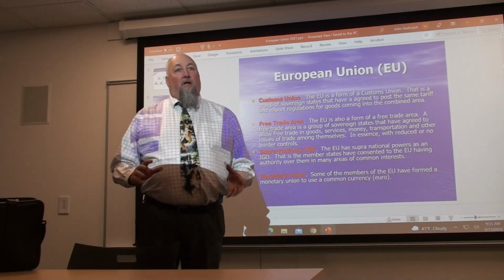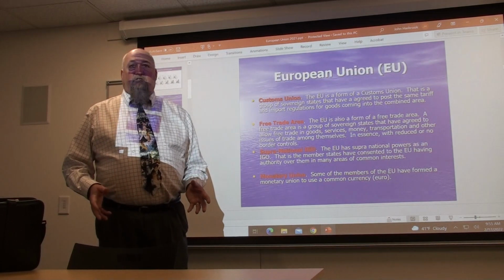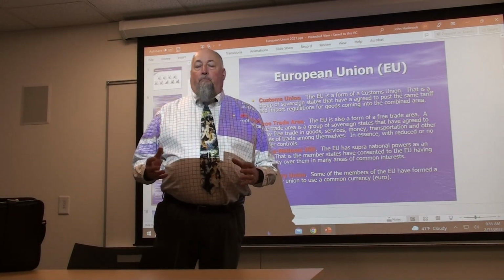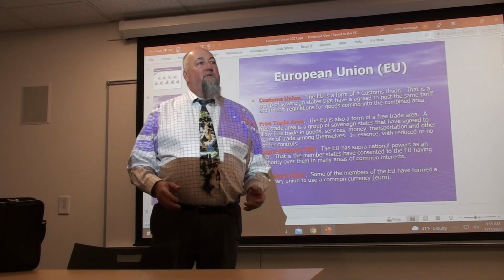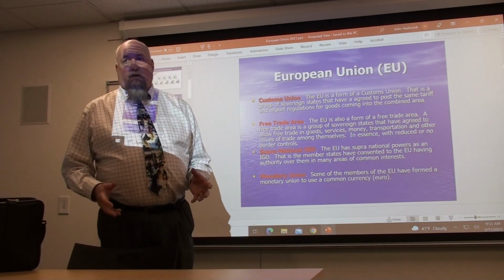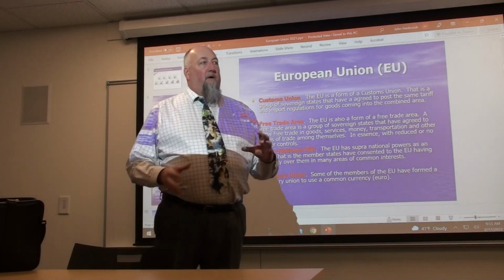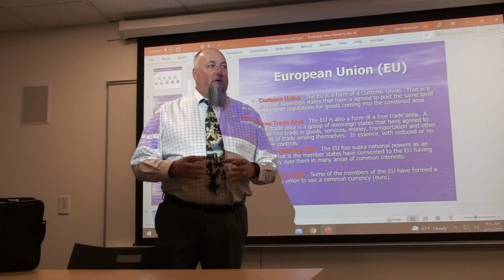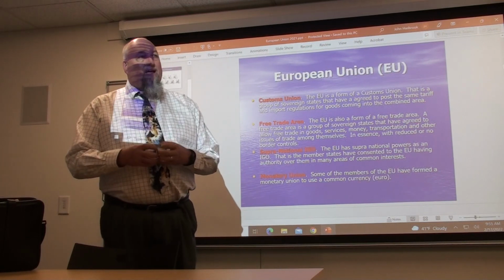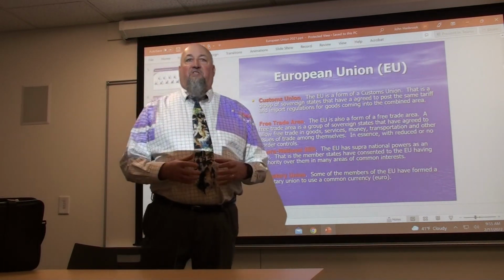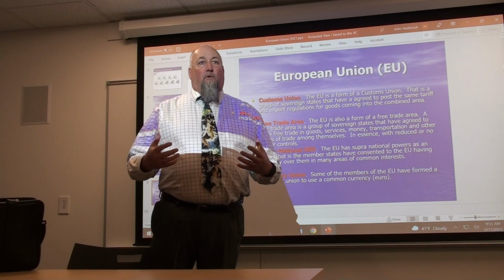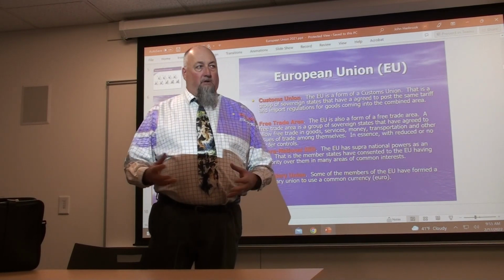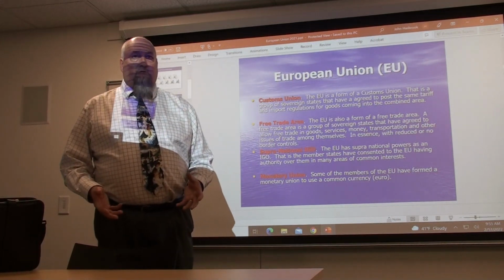It also applies to customs inspection standards, engineering standards, prohibition on certain types of goods, and other types of trade barriers. So the idea of the European Union is a giant customs union where the European Union as a governing entity sets these laws within the European Union that the member states must comply with in terms of imported goods.